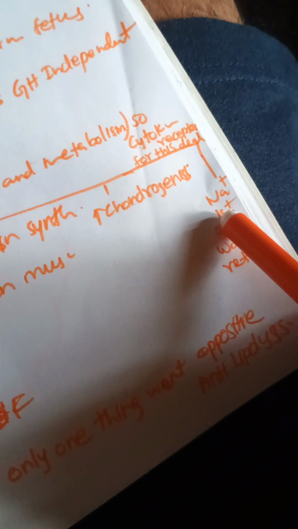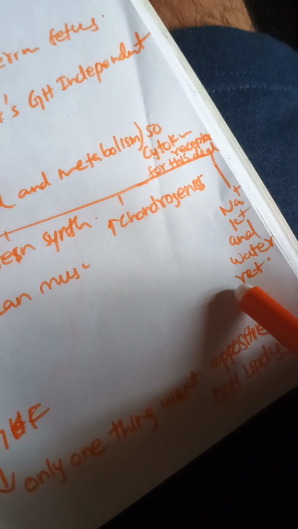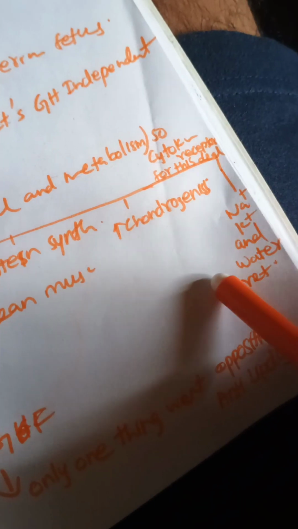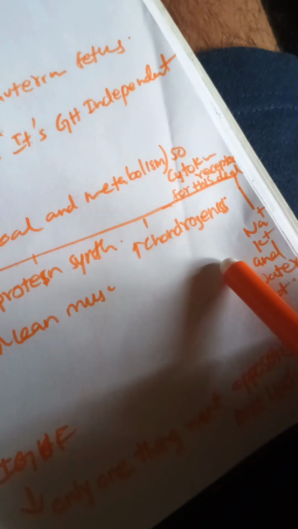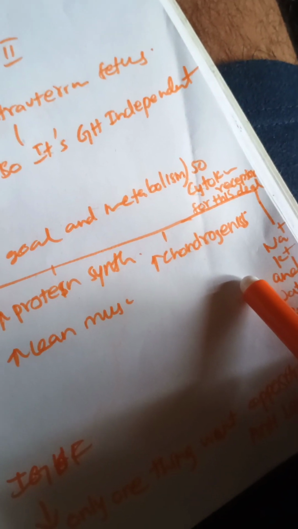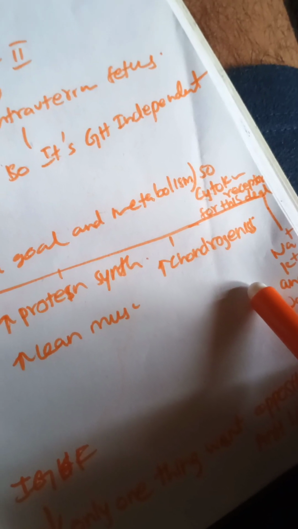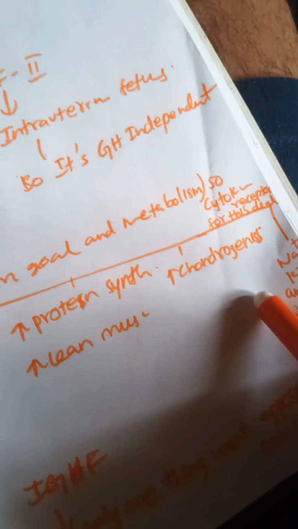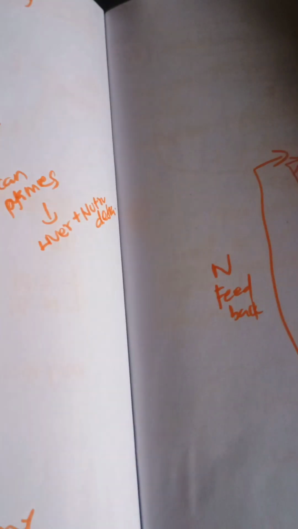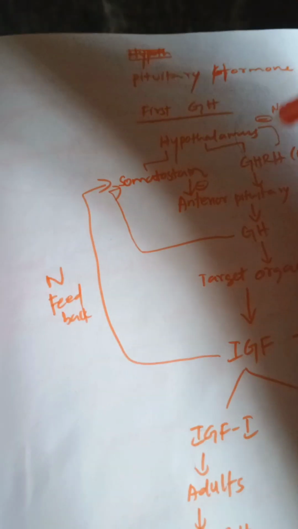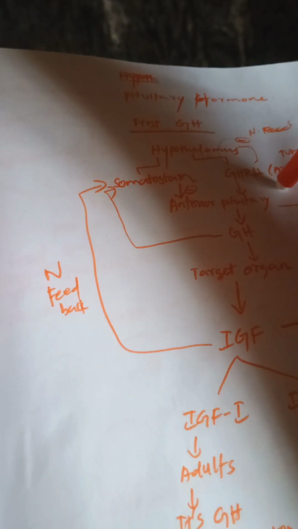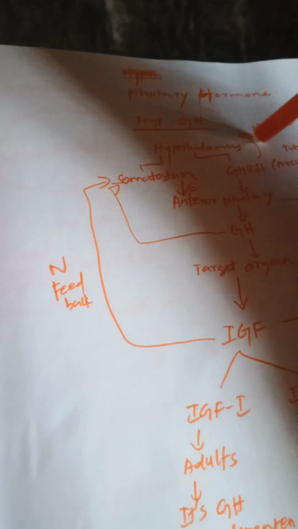If the sodium and potassium levels are increased, blood volume increases. Blood volume increase means blood pressure will increase. That's it. It is a simple way of learning the growth hormone.